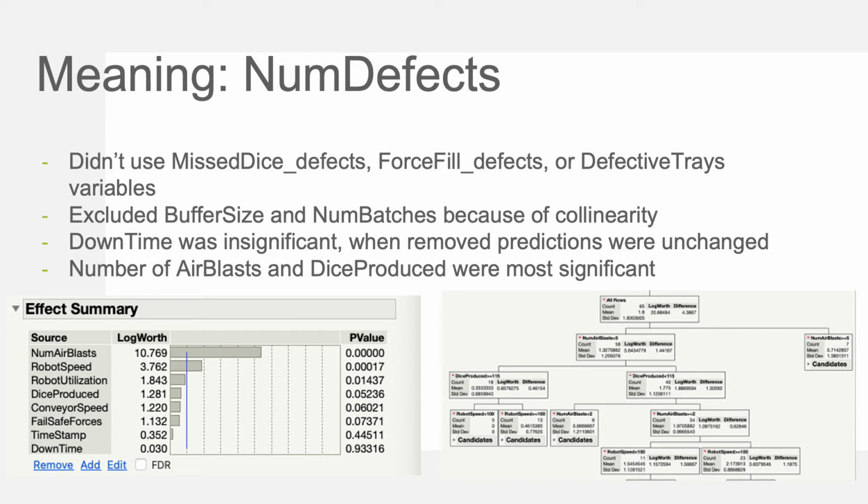We also excluded buffer size and number of batches because of collinearity. And then we found after we ran the model that downtime was insignificant. We removed that variable from our predictions and found that our results were unchanged. Looking at our CART, you can see that the first two splitters were air blast and dice produced. Those were the two most significant variables.